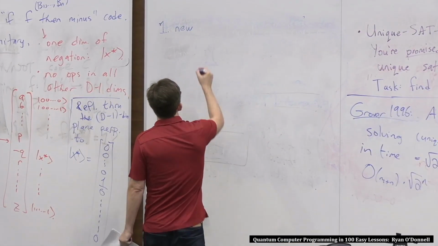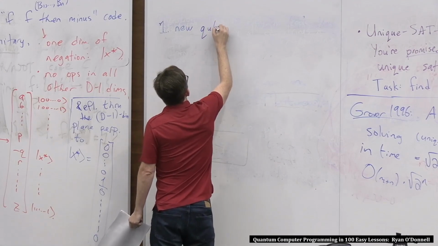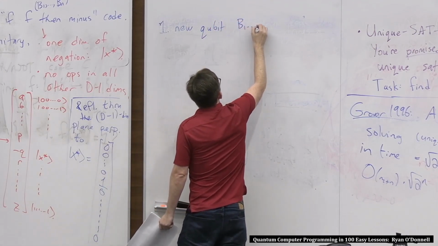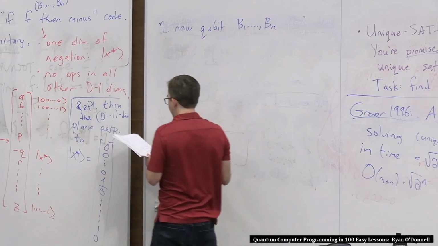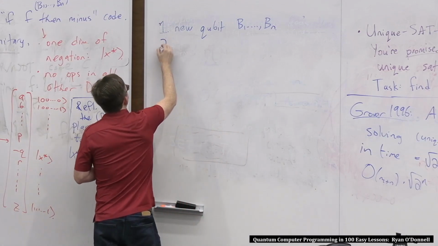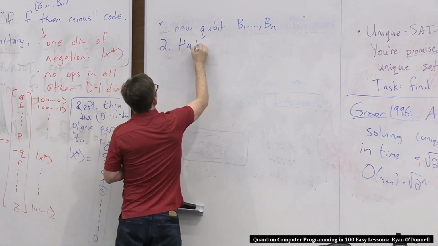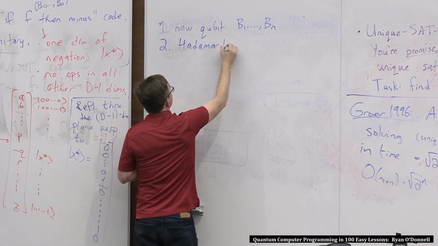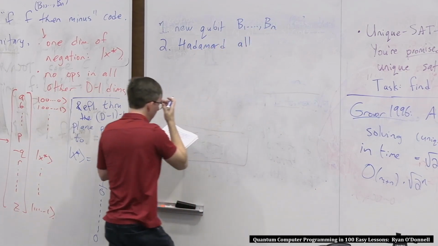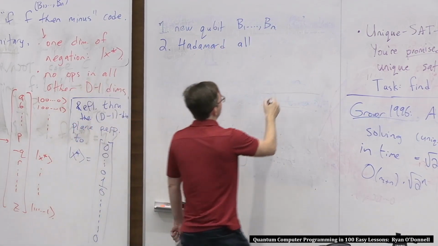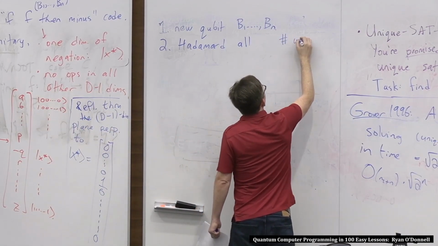Let's try new qubit B1 through Bn. And then we'll do Hadamard all. In bias busting we called this add and diff all, but it's going to be nice to work with normalized states, so we'll just use normalized states here.